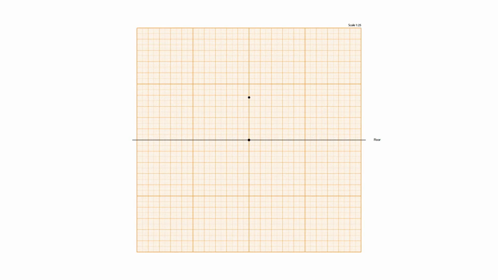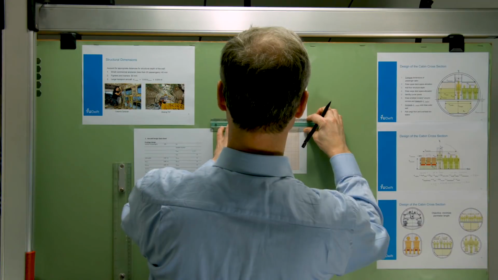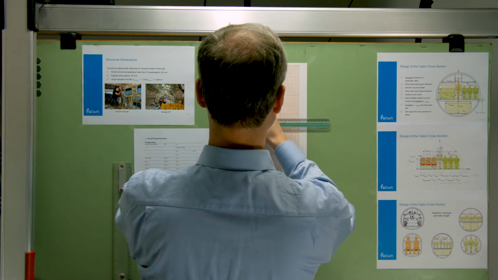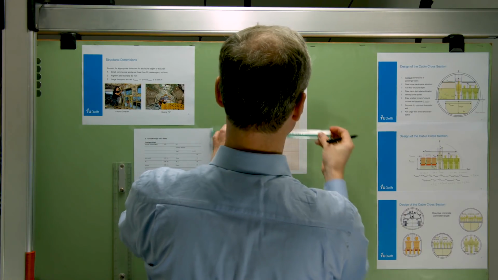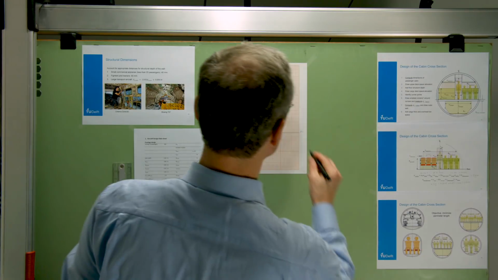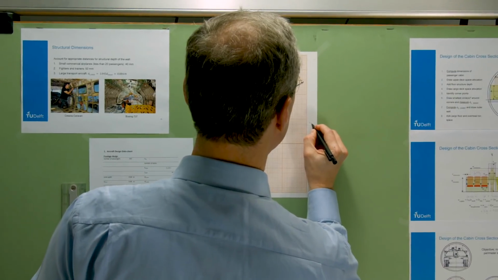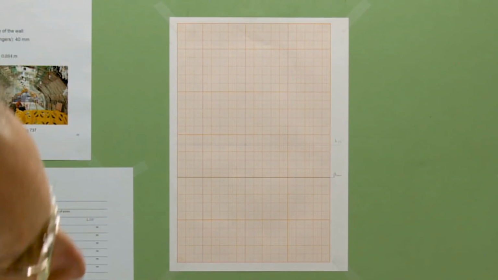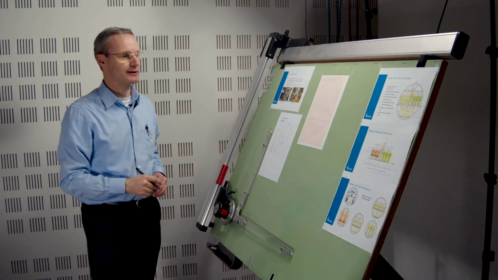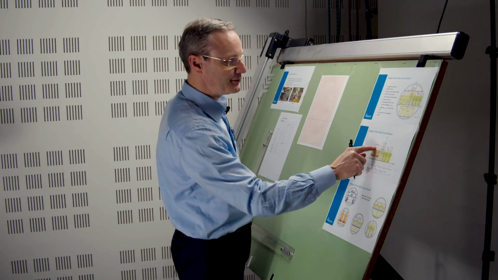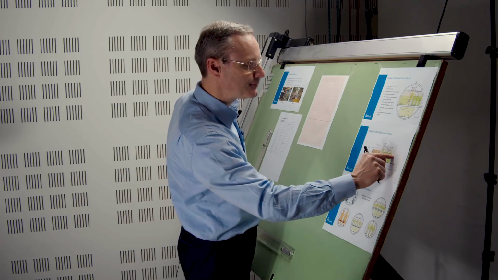Again, I'm just going to draw a parallel line for the shoulder height. So this is the line for the shoulder height. Let's call it H sub SH. Okay, now we have done this line.